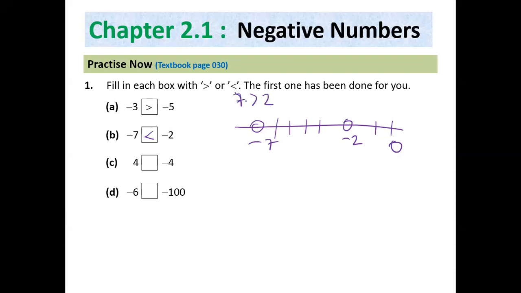But if you deal with the negative, it's so different. So if 7 more than 2, this is right. But if negative 7 and negative 2 are compared, you know that negative 7 is further from 0 and is far left of 0. So you have to put less than. This is small. This is bigger.